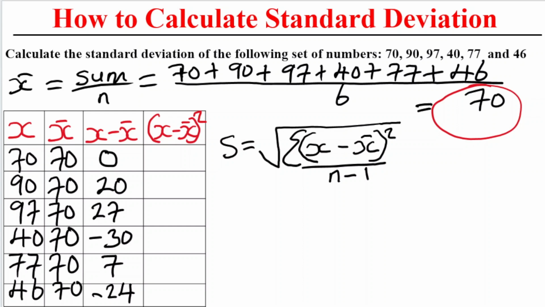The next step says square each deviation.